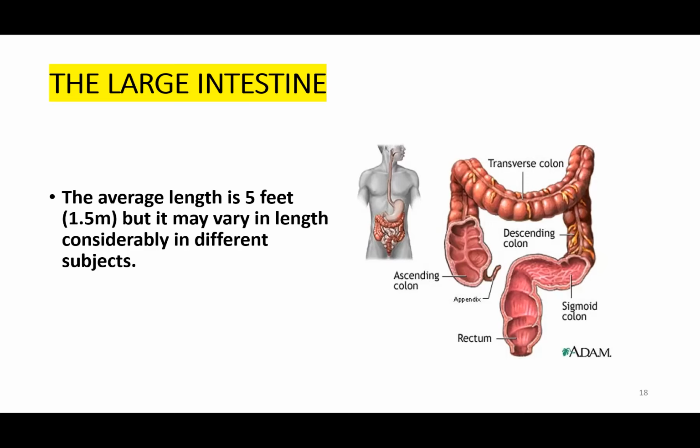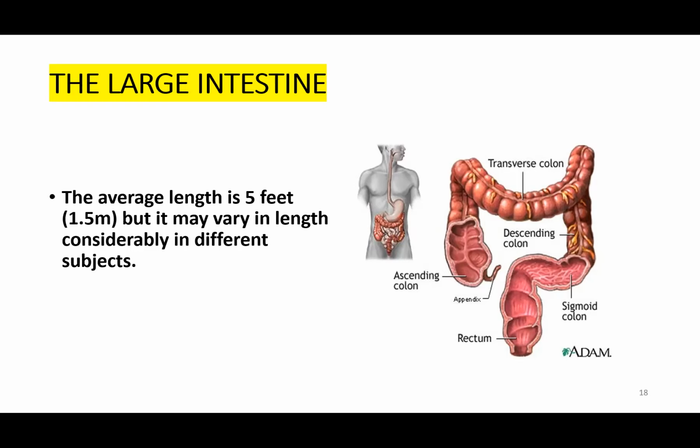And you should know the classical features of the large intestine that differentiate it from the small intestine: the appendices epiploicae, which we shall see, the tinea coli, as well as the haustral markings. These are the three features that give the large intestine its characteristic appearance.